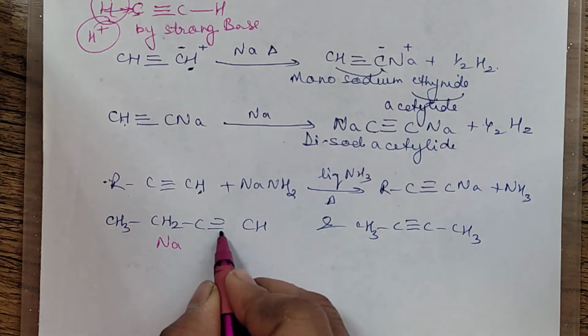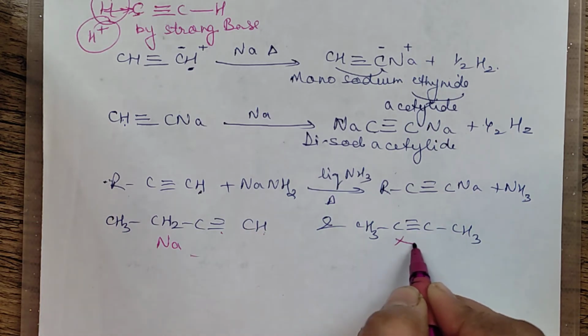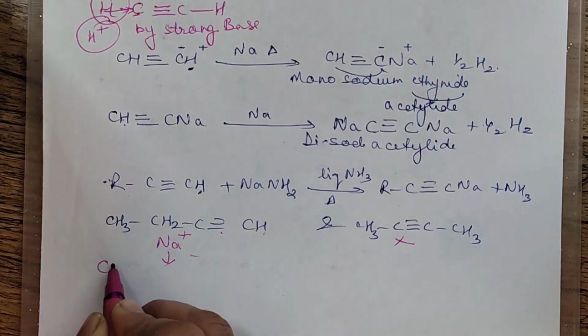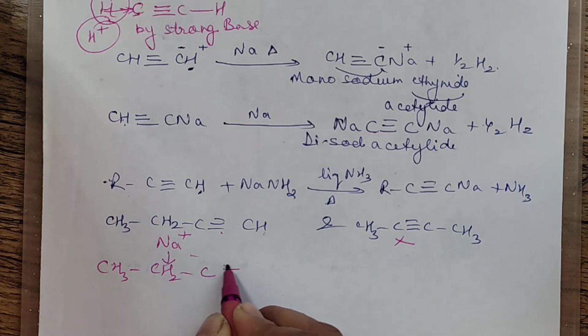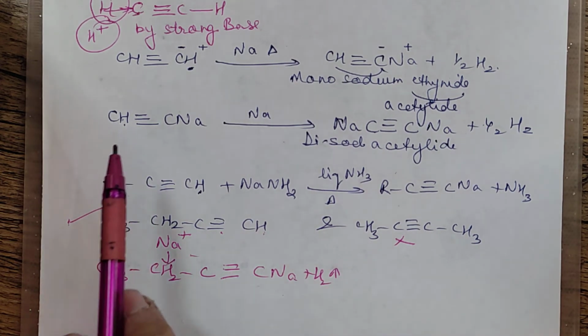Why? Because this is a terminal alkyne. It can react with sodium. This will not react with sodium. So if it is made to react with sodium, what will be the product? It will form CH3, CH2, C, triple bond, C, Na, plus hydrogen gas will be liberated. So this is going to react with it.